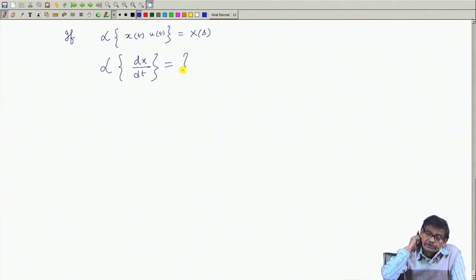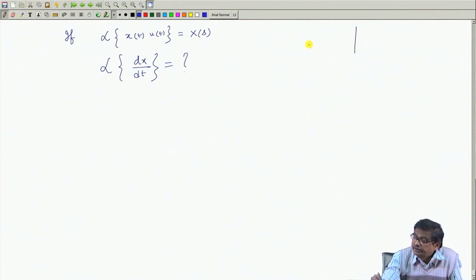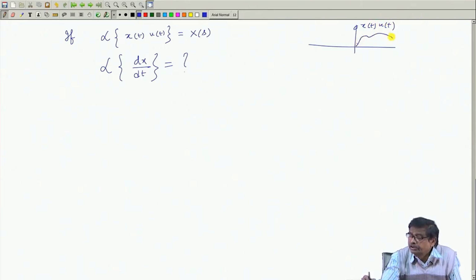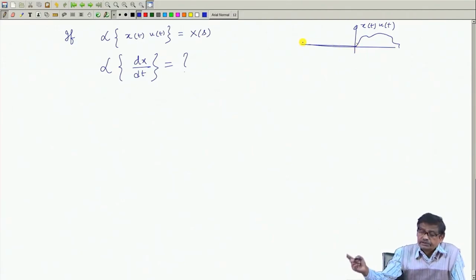Now, as you can see, the Laplace transform of dx/dt of this function. So, here is a function x(t)u(t), if you sketch it, it will have its say only for t greater than 0, for t less than 0 it is 0.